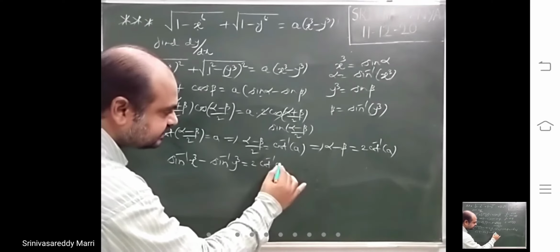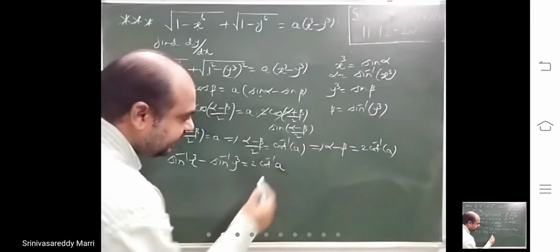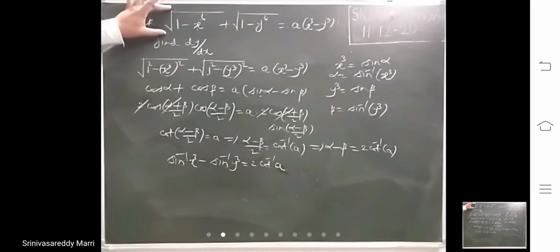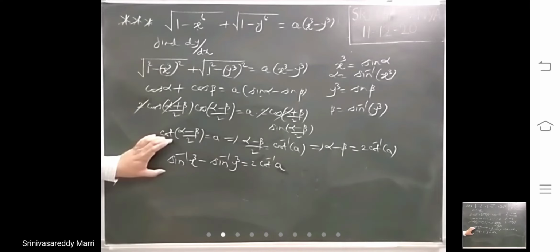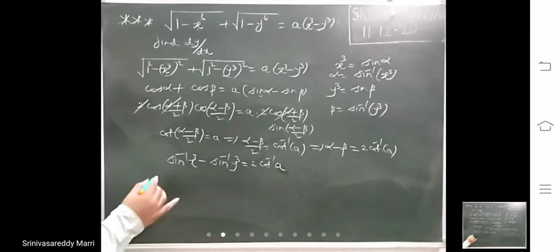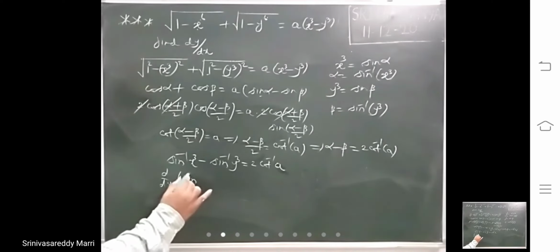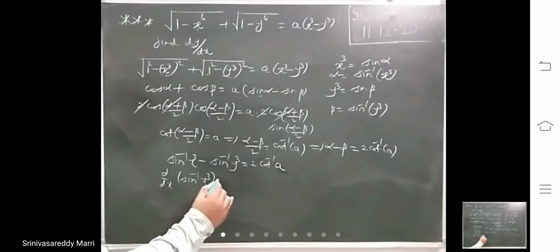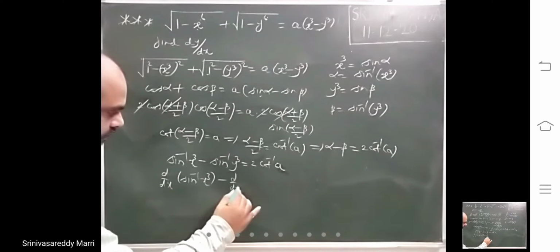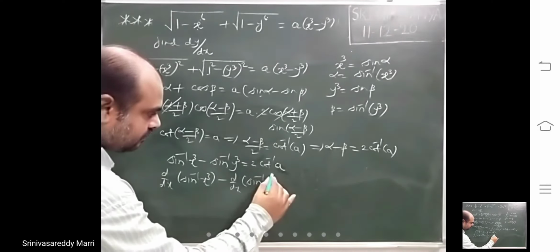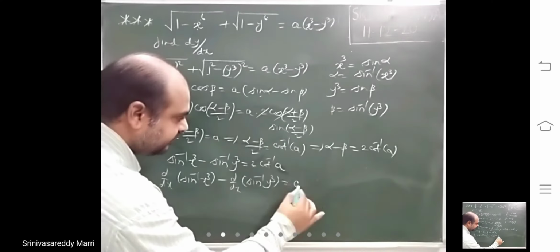This cot inverse a does not contain any x or any y. This is a constant. Now look at this: the typical expression is converted into a smaller version. Now take the derivative on both sides. The derivative of this constant is 0.